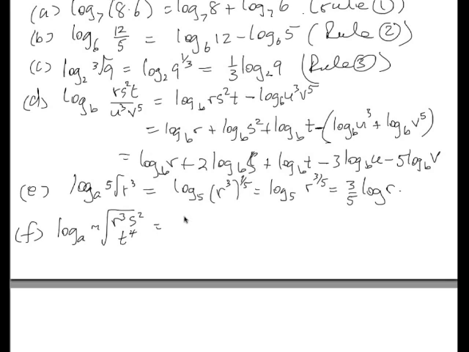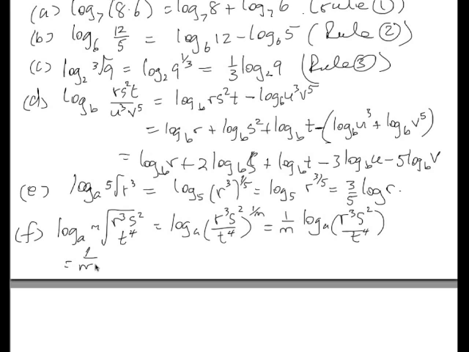Okay, first thing, I'm going to write this as log in base A of R cubed S squared over T to the 4, to the 1 over M power. I'm going to apply the power rule first, because it's going to get complicated otherwise, and we end up with 1 over M times the log of R cubed S squared over T to the 4.